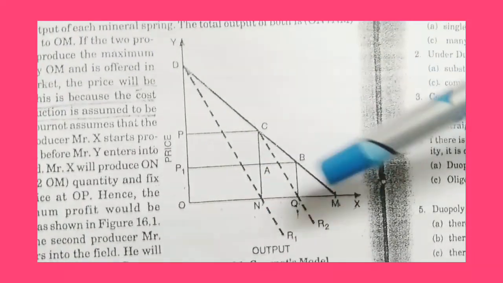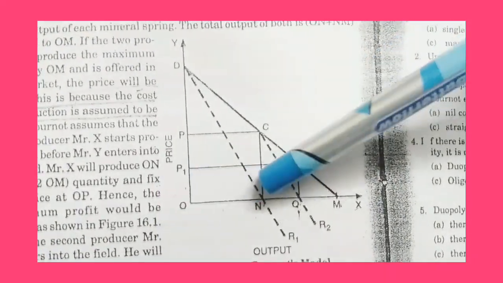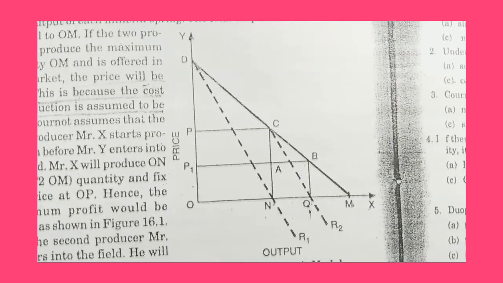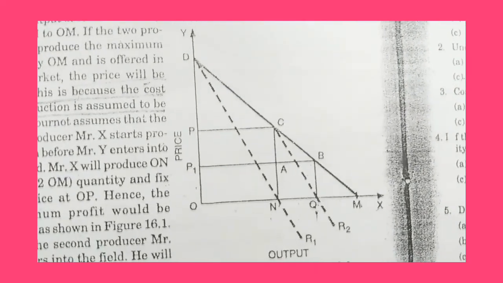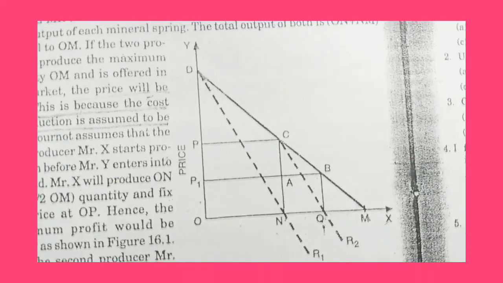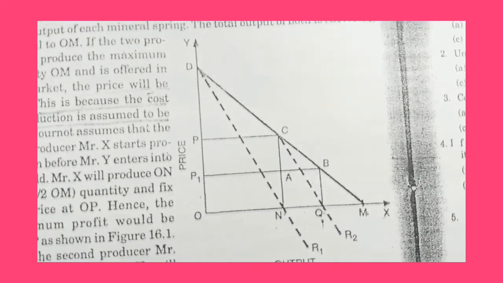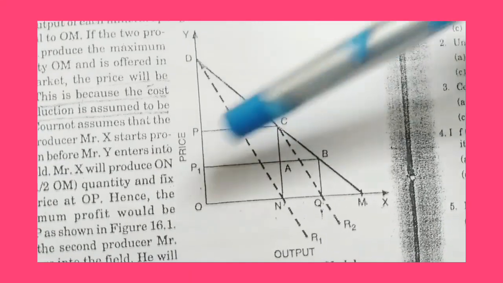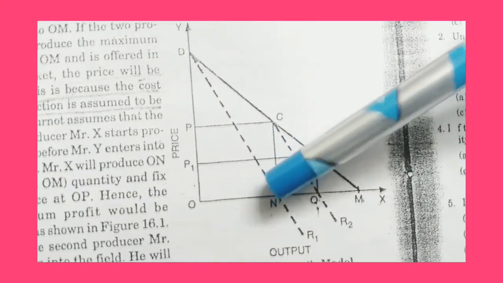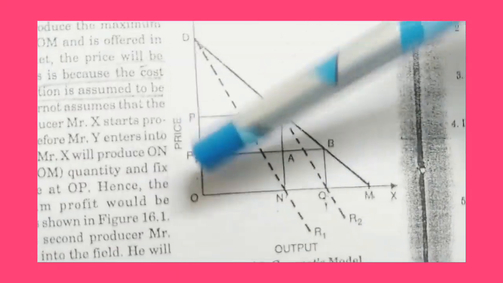So NM, equal to ON, is the maximum daily output of each mineral spring. The total output of both, ON plus NM, is equal to OM.